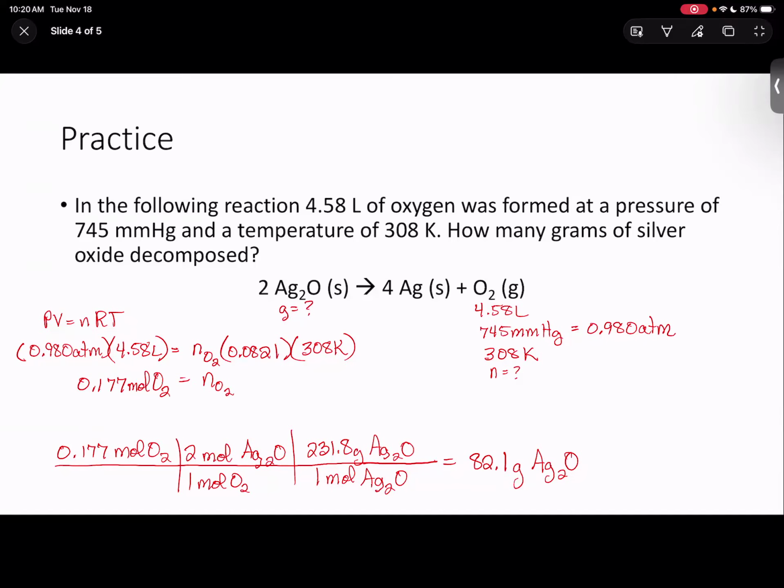You then converted it into grams of peroxide using the molar mass of peroxide. So in other words, this is the process that you were doing yesterday. I just did it for a different substance.